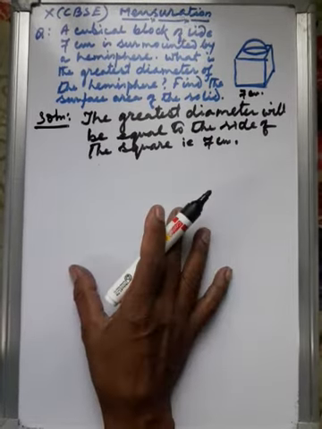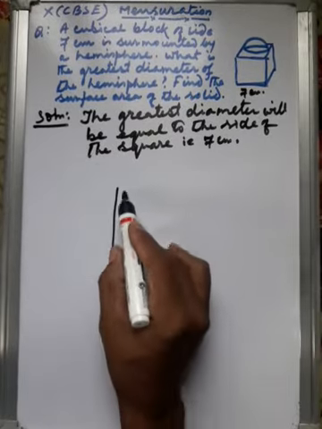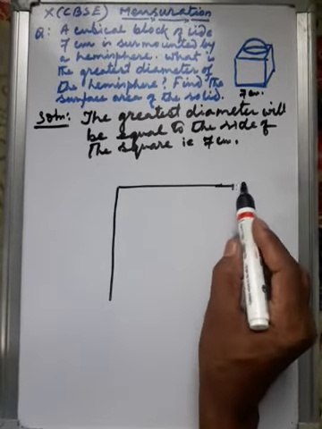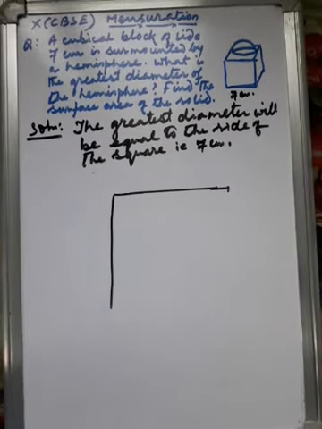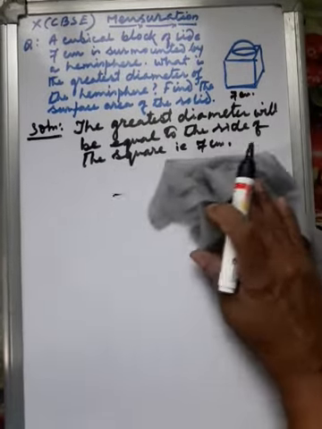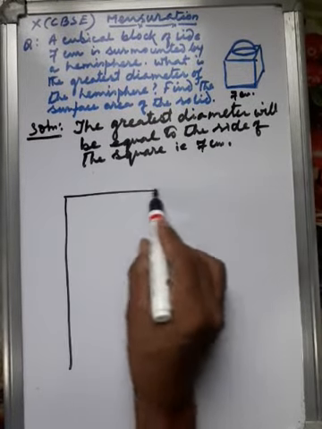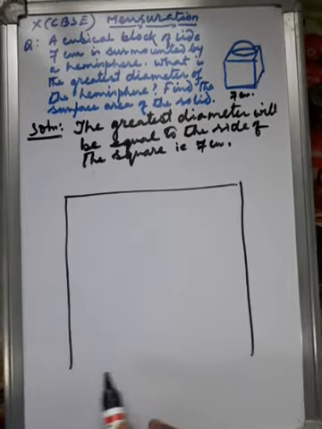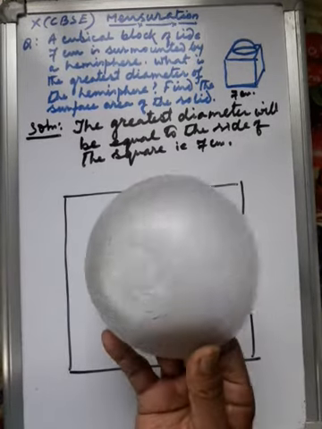Now I'm showing you practically one thing. Suppose this is the top of the cube. The top of the square will look like this, a square. This hemisphere is hemispherical in shape.